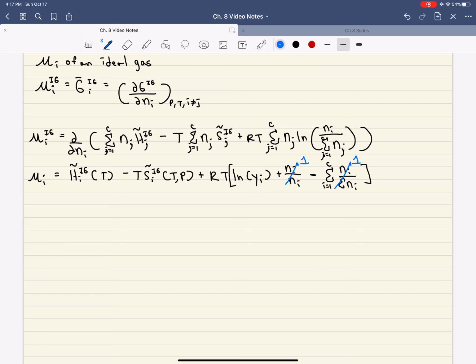And so our chemical potential is going to be equal to H_i minus T S_i for the ideal gas plus RT ln of y_i. The H minus TS over here, this once again is just the definition of the Gibbs energy.